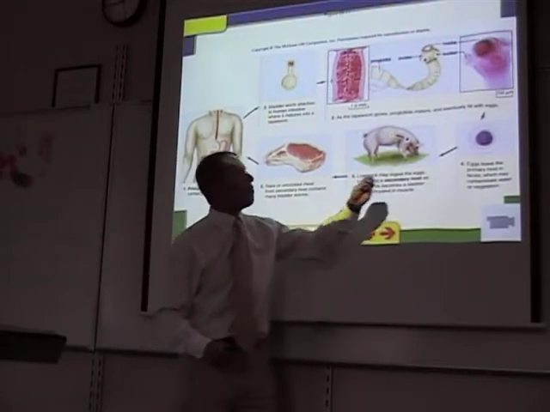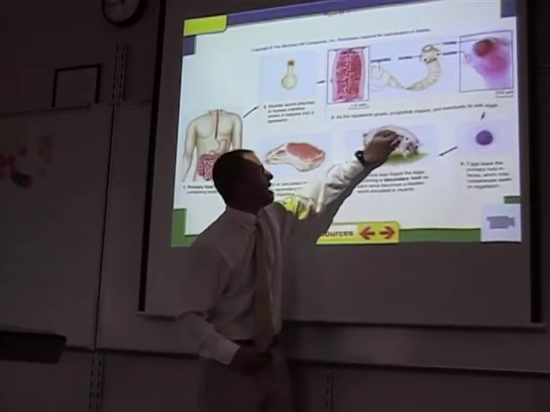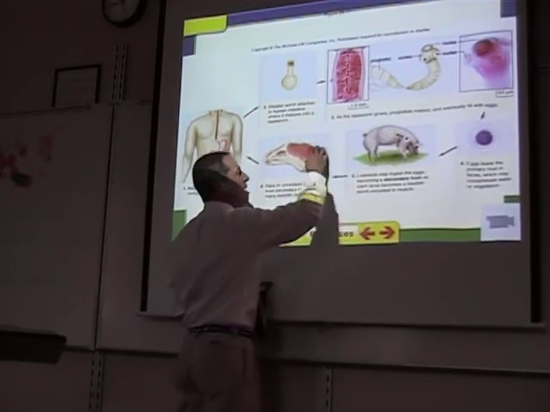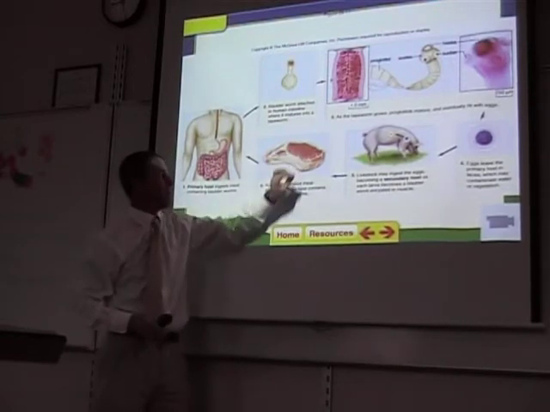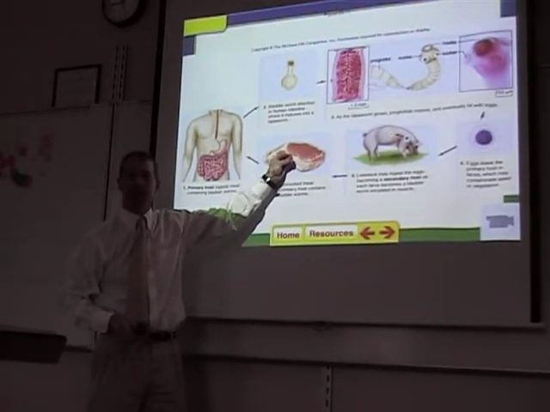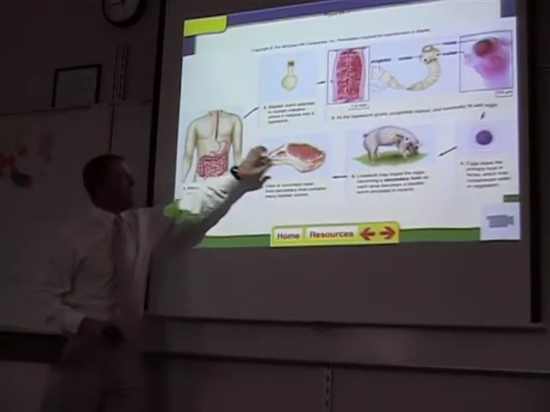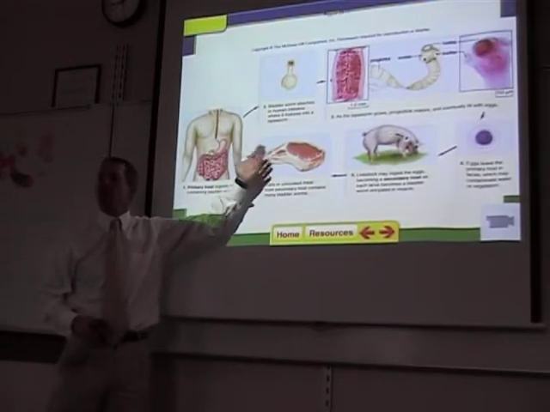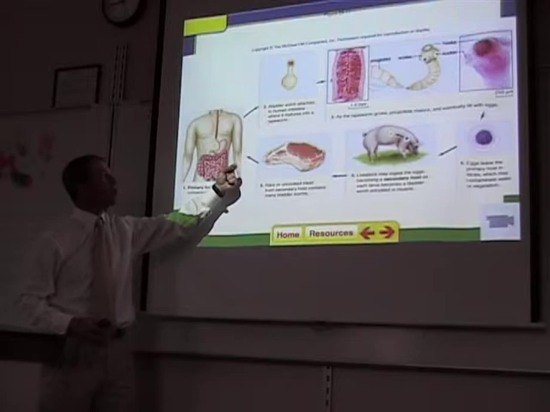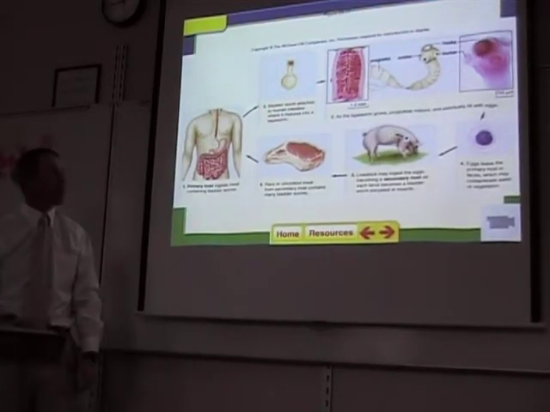The egg hatches into a larval form that looks kind of like this, and the larval form lives in the muscle of the pig and will sit there for the entire life of the pig. So if you kill the pig and eat the meat and don't cook the meat well enough, the larval form survives. And if you eat that, it will get inside you and you'll have a tapeworm.